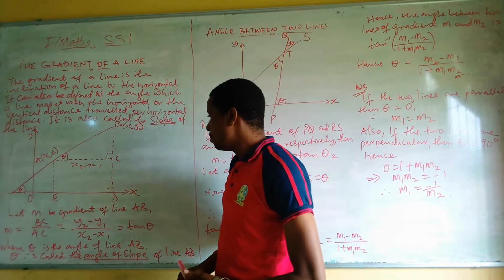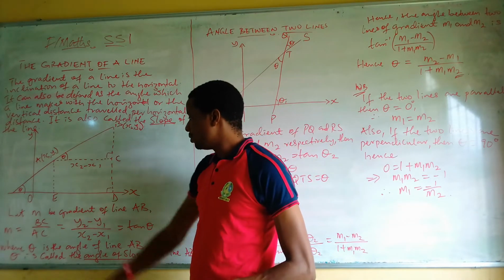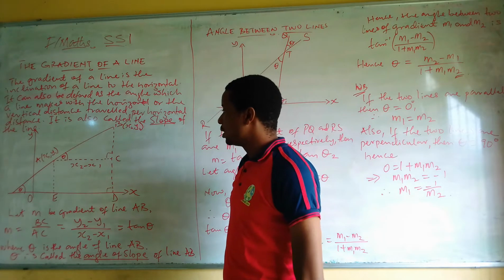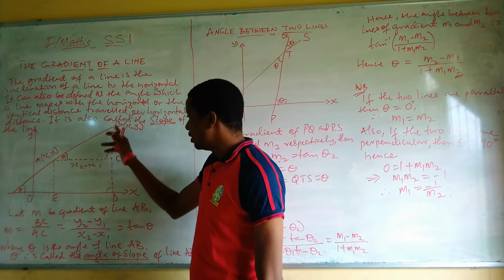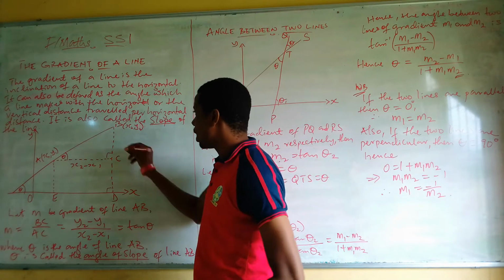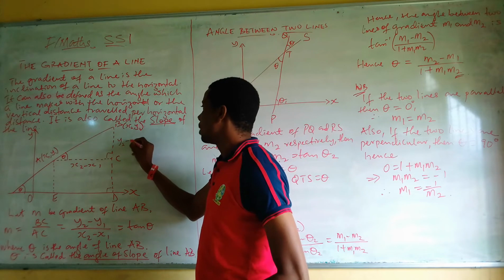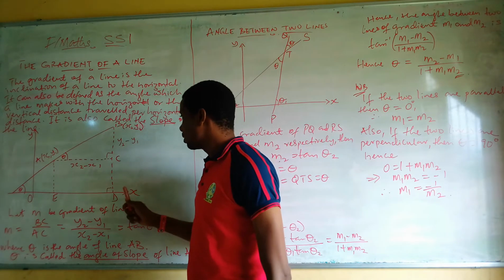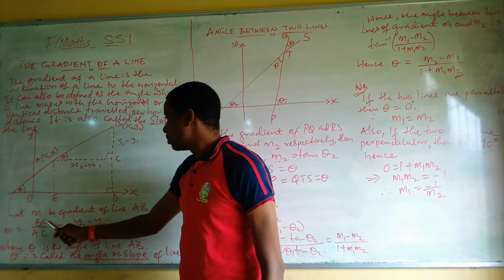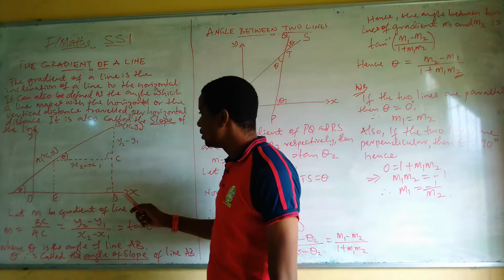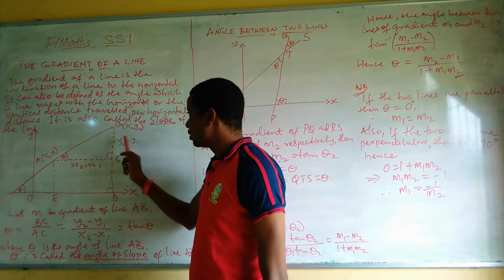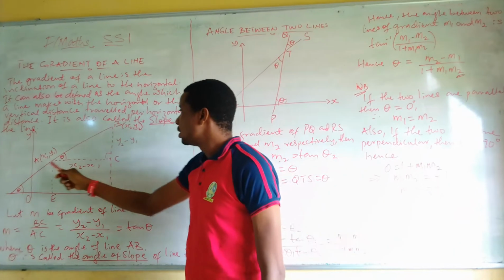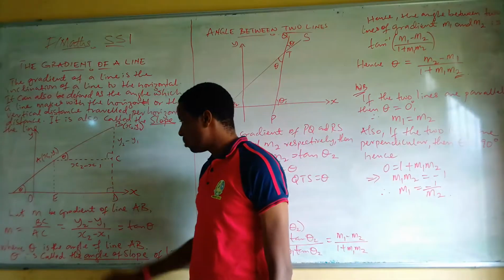So we said let M be the gradient of the line AB. If M is equal to the gradient of the line, then we have BC, this is Y2 minus Y1, which we did last week in the last class. That's BC divided by AC, as BC is Y2 minus Y1 divided by AC, X2 minus X1.